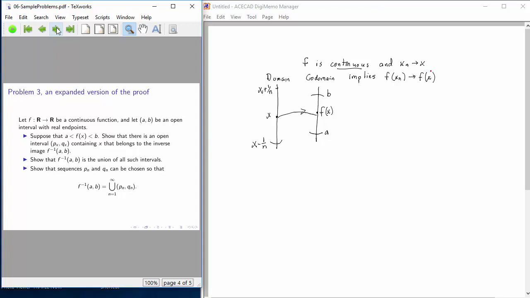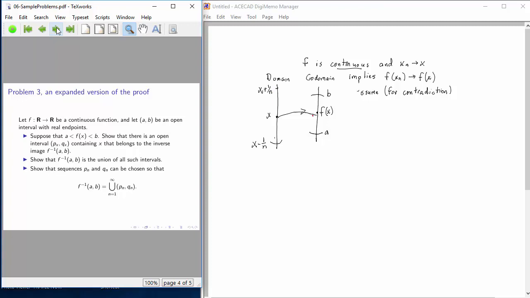I'm going to prove this by contradiction. So I'm going to assume, I'll even take the trouble to write this down, that I'm making this assumption not because I believe it's true, but because I want to show that it leads to a contradiction, that there is no open interval containing x that belongs to the inverse image.